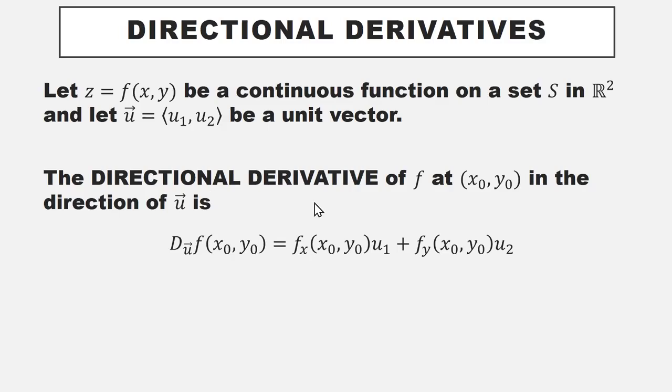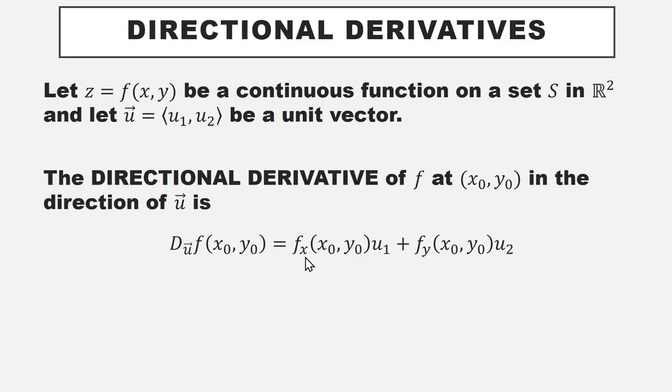I hope this video helps with your understanding of directional derivatives. Remember, directional derivatives are this, which can be written as gradient times vector u. But in essence, it's some sort of a linear combination of your derivative in the direction of x and your derivative in the direction of y.